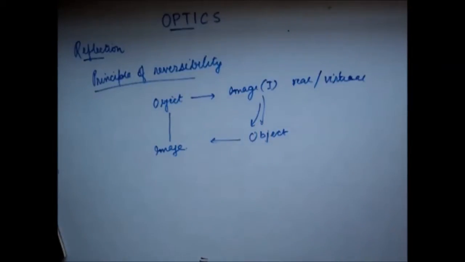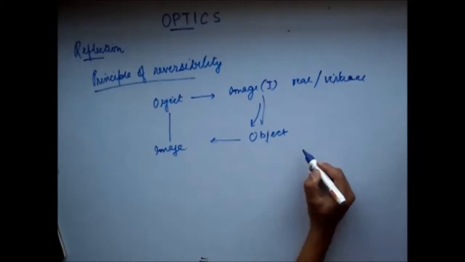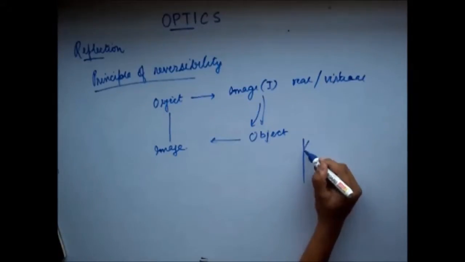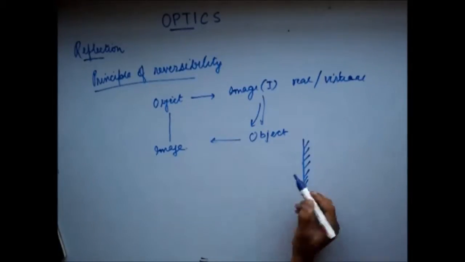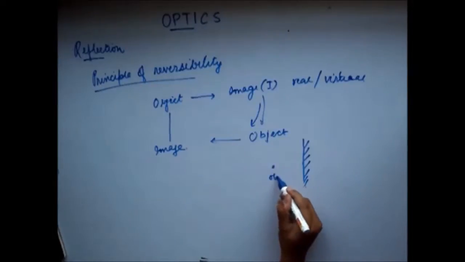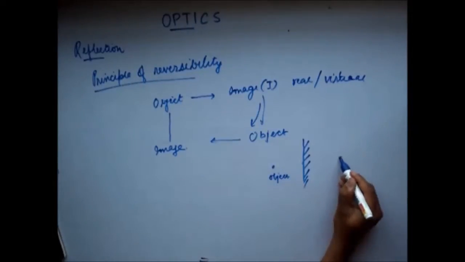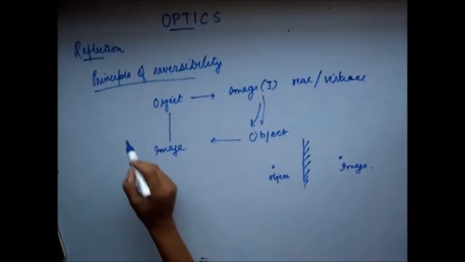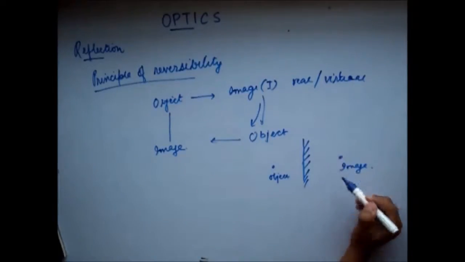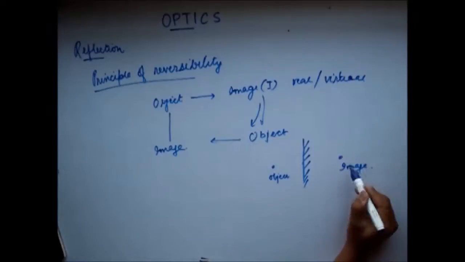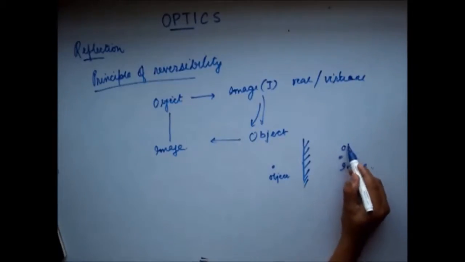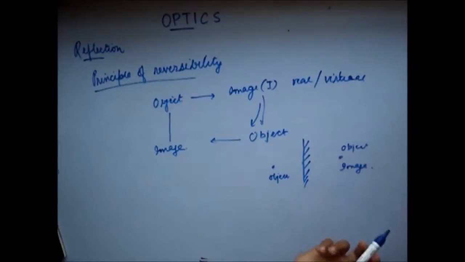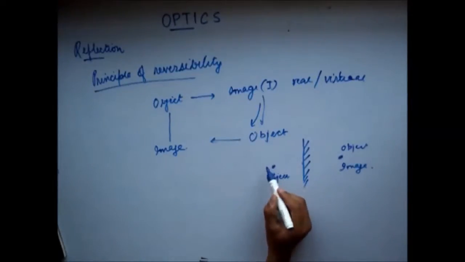Okay, now let's take an example so that it becomes clear. For example, again let me take up some mirror. Let's say I have placed an object here and I know the location of the image, this. Now this principle states that if I consider this as the object, then my image, considering this as the object, will be formed at exactly this location.